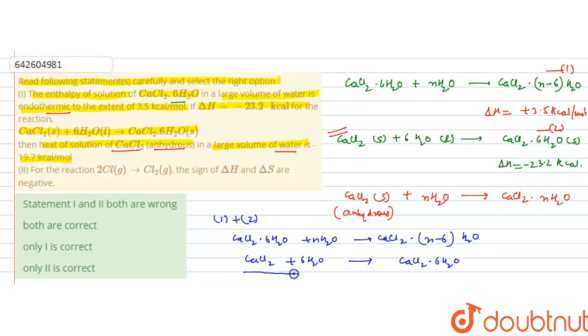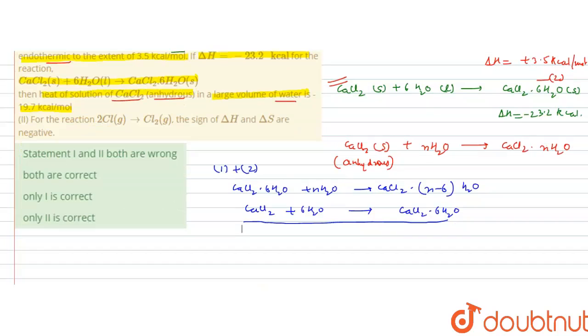Now if we add these two equations, the CaCl2.6H2O will get cancelled. We have CaCl2 solid, which means anhydrous CaCl2 solid, plus (n plus 6)H2O, forming CaCl2.(n minus 6)H2O.